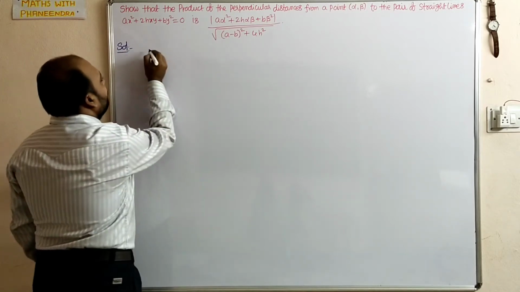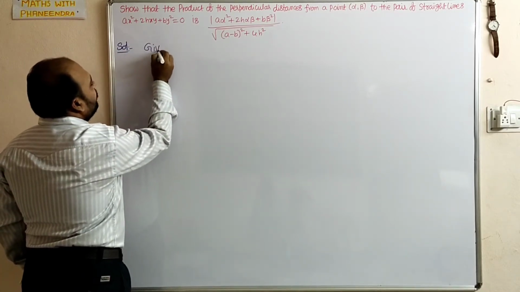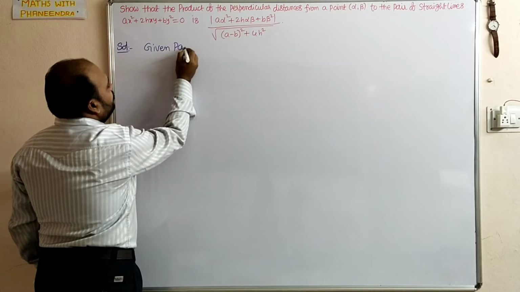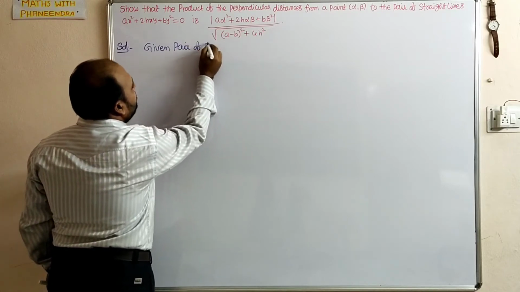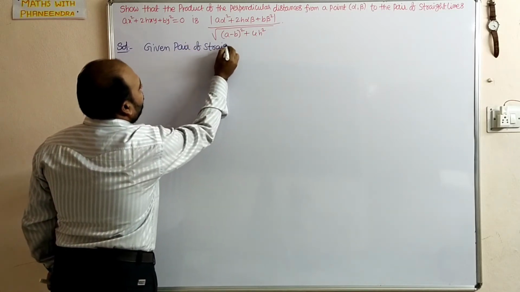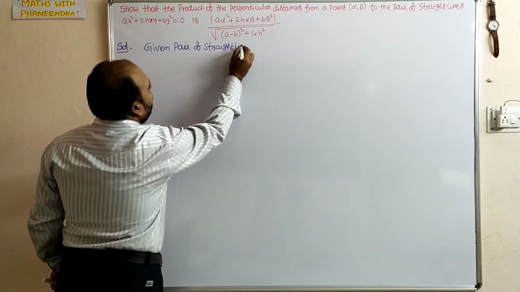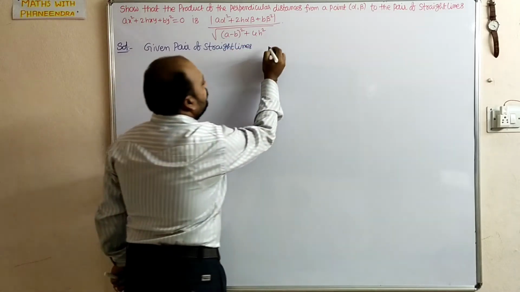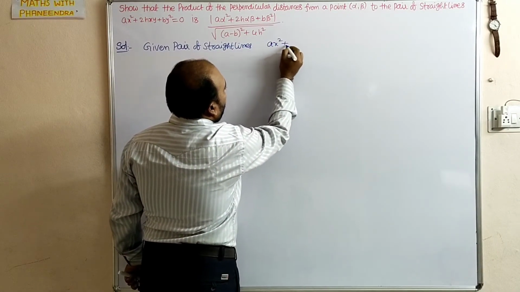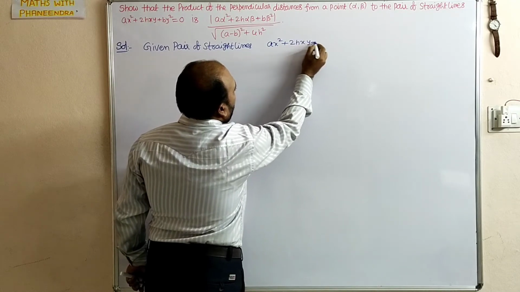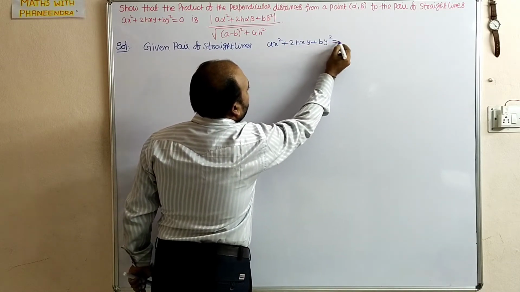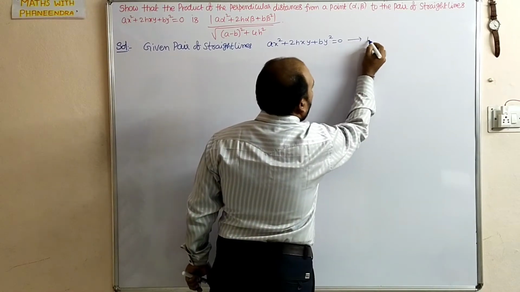First step is given the pair of straight lines ax square plus 2hxy plus by square equal to 0. Keep that equation number 1.